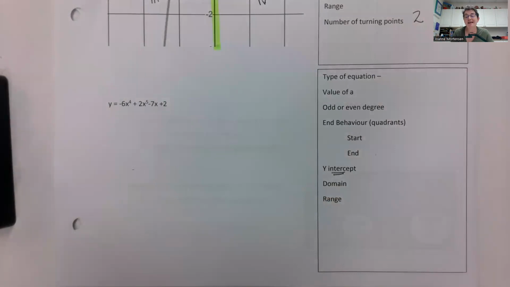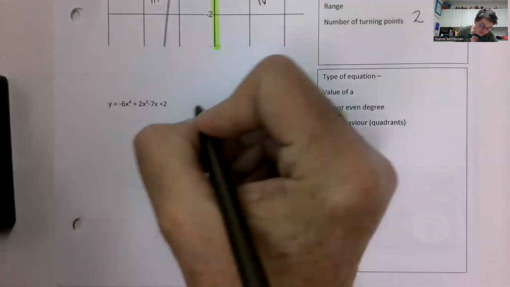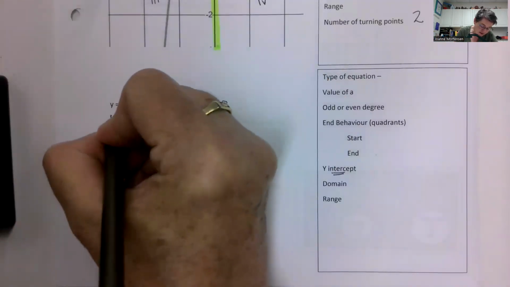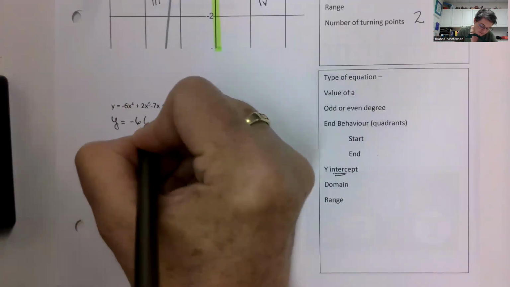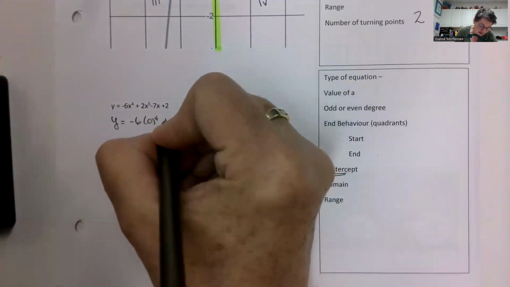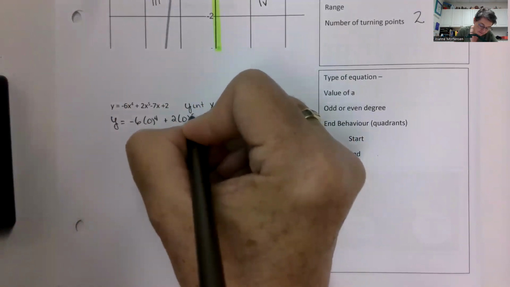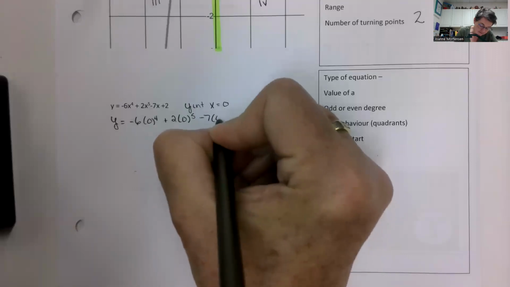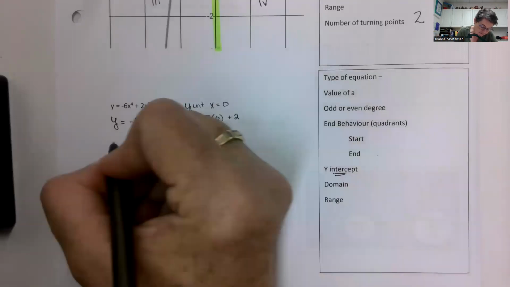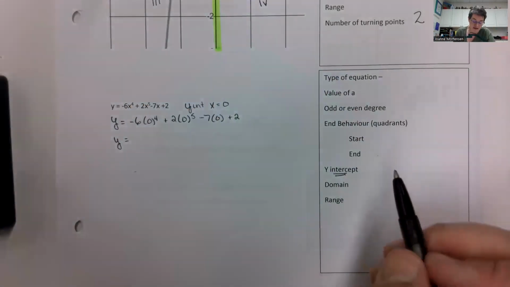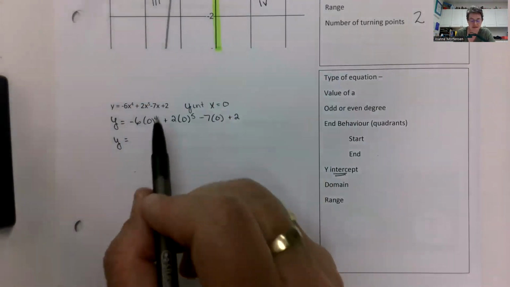You know what? I can do my y-intercept because I know my y-intercept is where x is equal to 0. So that means I can redo this. Everywhere I see an x, I'm going to put a 0 in. And now I'm just going to be lazy here.